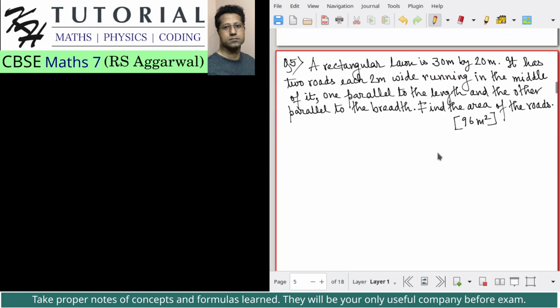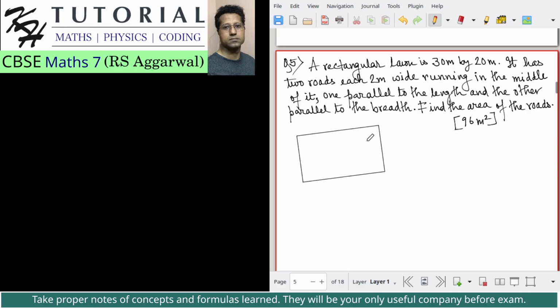Question number 5. A rectangular lawn is 30 meter by 20 meter. If it has 2 roads, each 2 meter wide, running in the middle of it, one parallel to the length and the other parallel to the breadth, find the area of the roads. So we have the rectangular lawn.